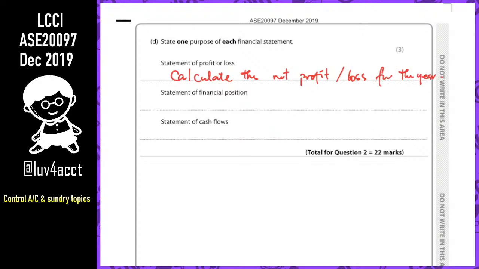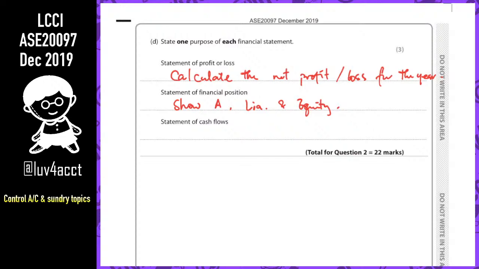Second one, the purpose of each financial statement, of the statement of financial position. The statement of financial position shows assets, liabilities, and equity, right? And showing this, it lets you assess the financial position, the financial healthiness of the business.